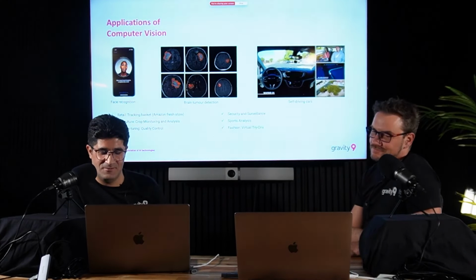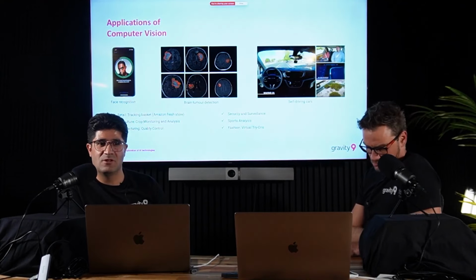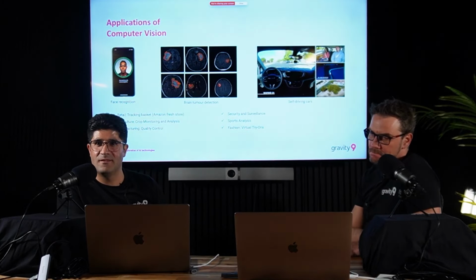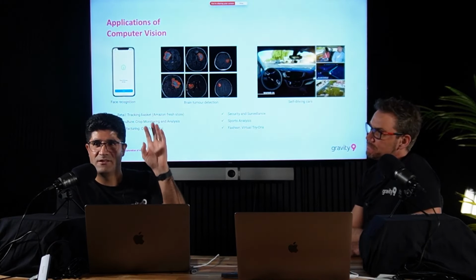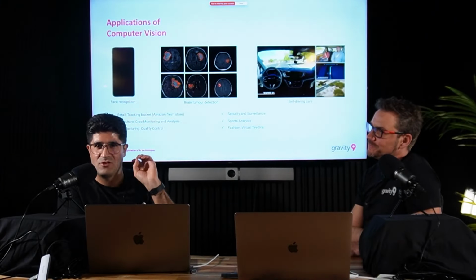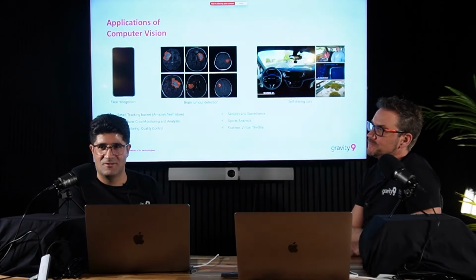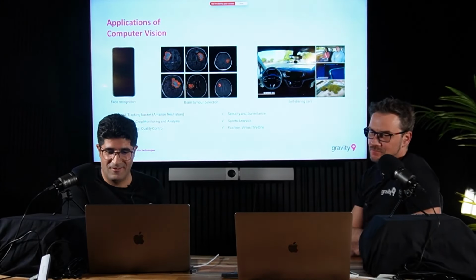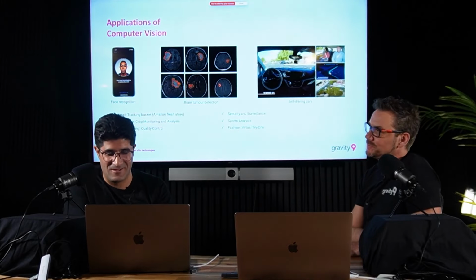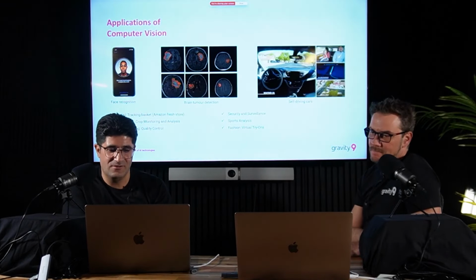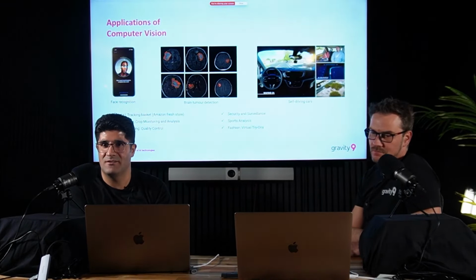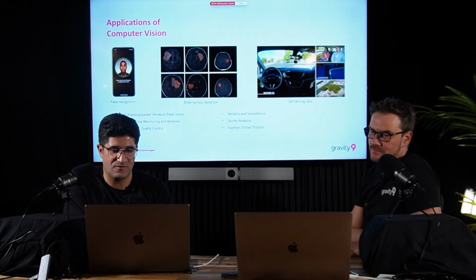We can see lots of applications. For example, one of the projects that I work on is predicting the location of the ball in the next 2 seconds, just to help the coach arrange the team in better positions. Fashion, virtual try-on, I think, is a normal application for computer vision.